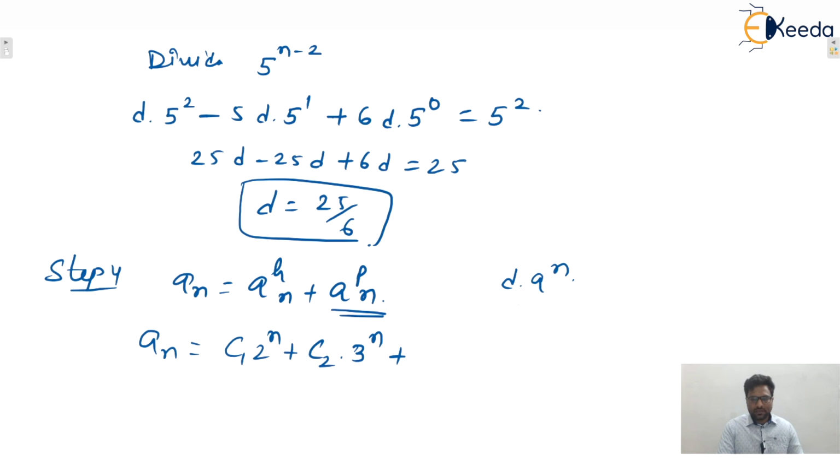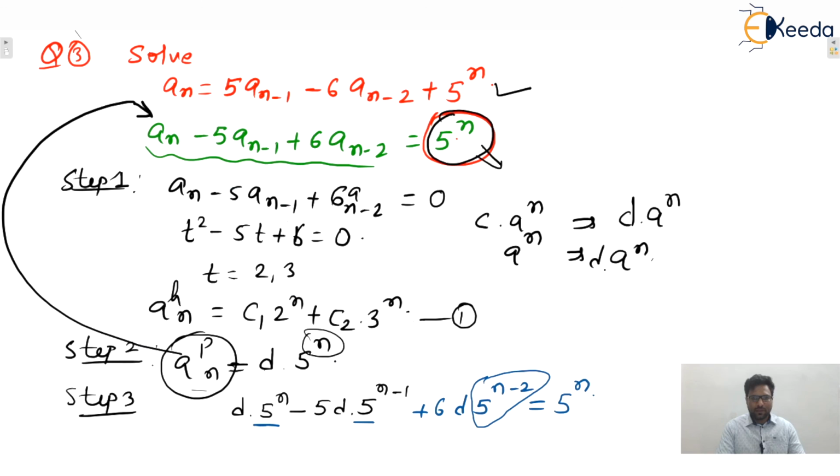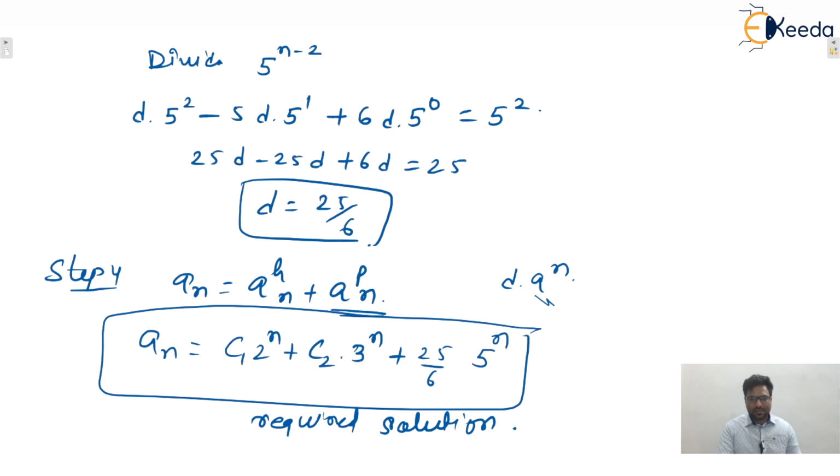Here the a value is 5, and the d value is 25 by 6. So 25 by 6 into 5 raised to power n. That will be the required solution, isn't it? I hope this one is clear to everyone.